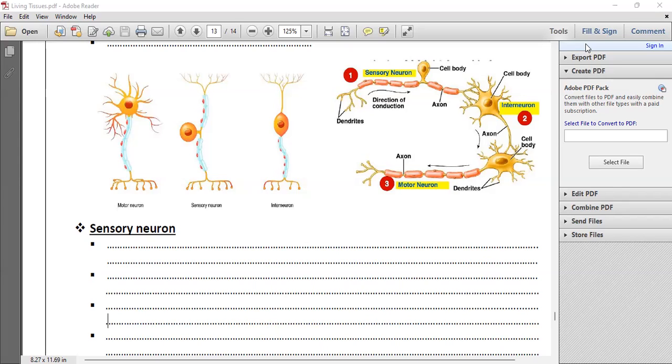Cell bodies of sensory neurons are present inside a ganglia. The singular is ganglion.